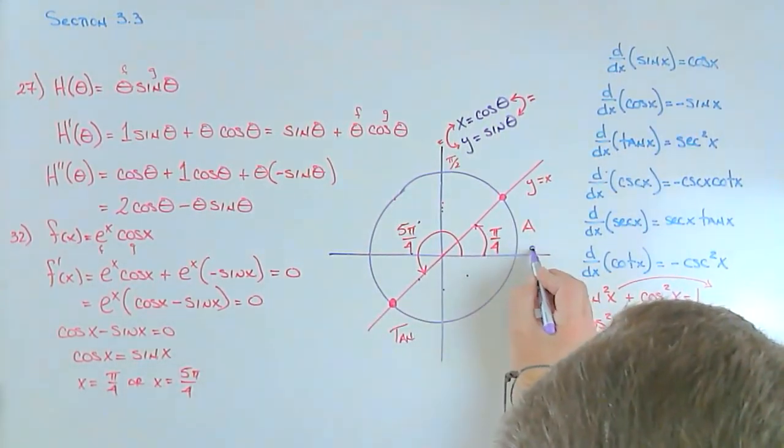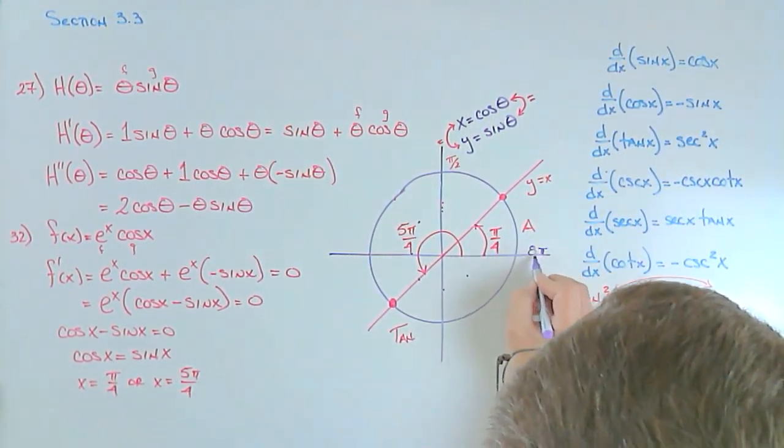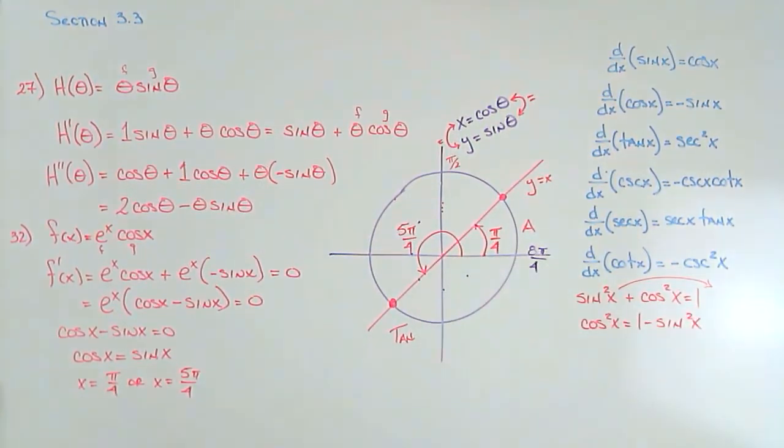Well, we could think about the fact that all the way around the circle is 8 pi over 4. Right? Now that's 2 pi. So we could say x is going to equal pi over 4 plus 2. Now, if we go around the circle once, it's going to be 2 pi. If we go around the circle twice, it's going to be 2 pi's.